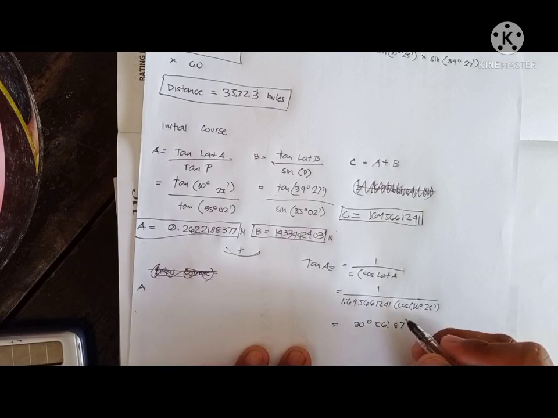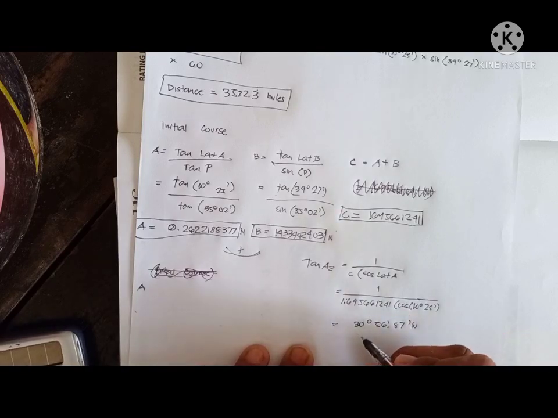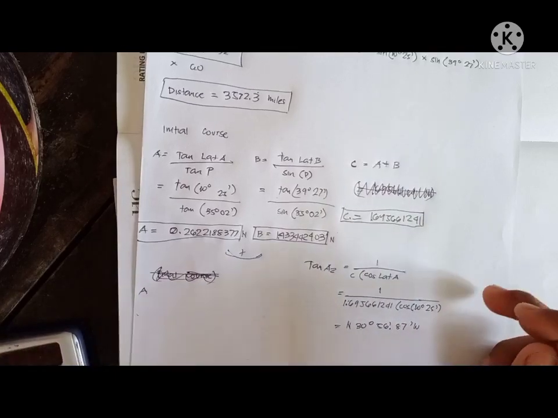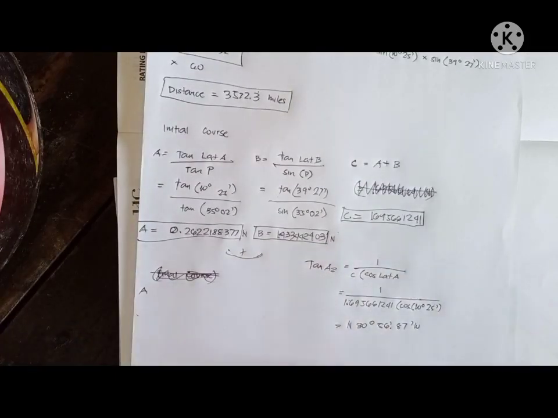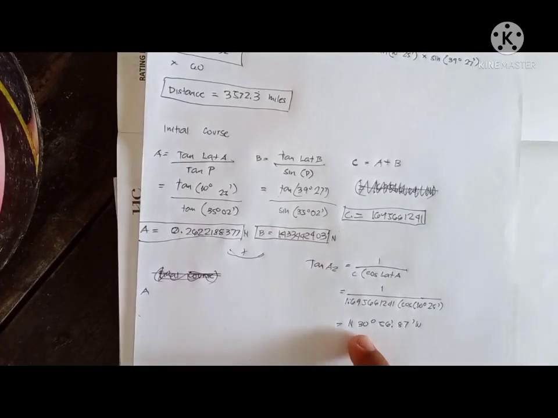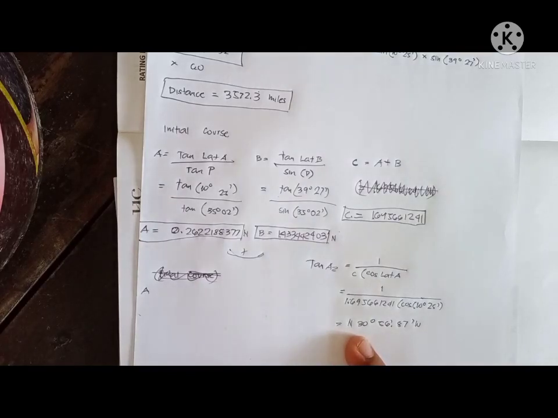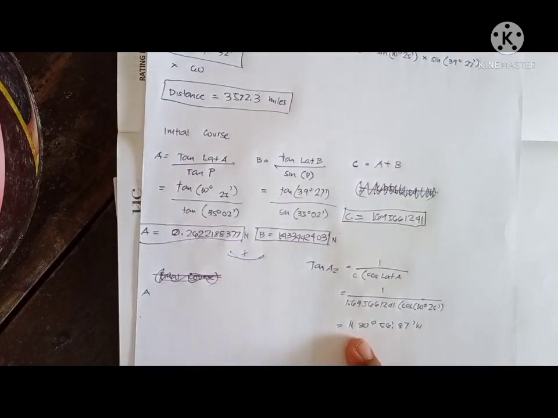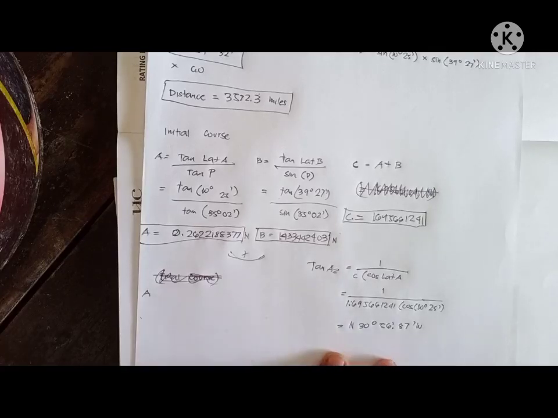So this is northwest. In order to find the true course, this answer will be subtracted from 360. So why is it subtracted from 360?